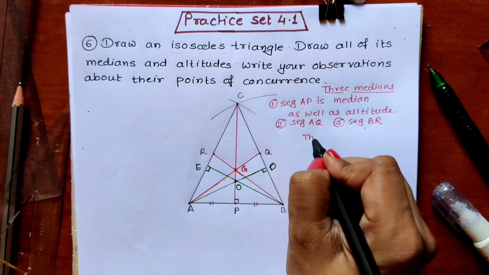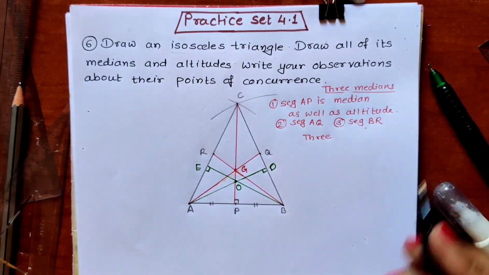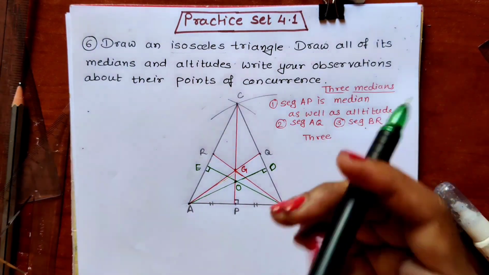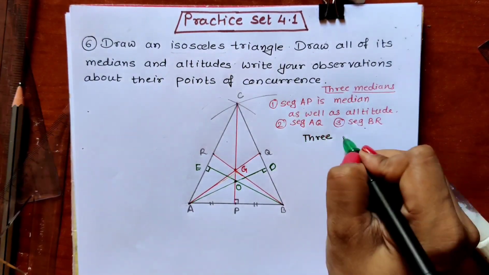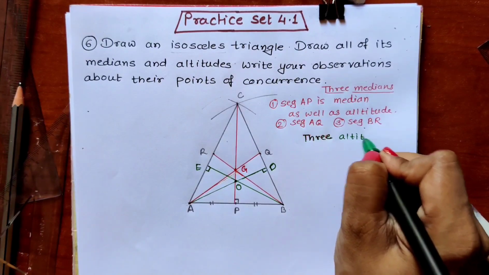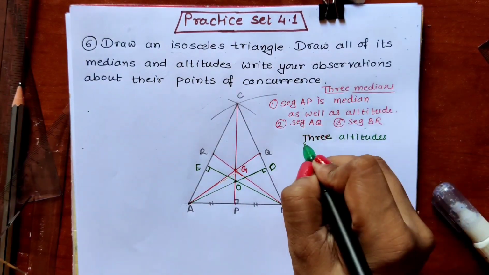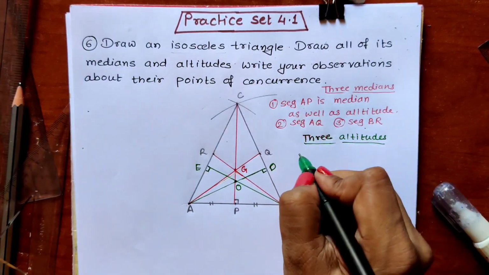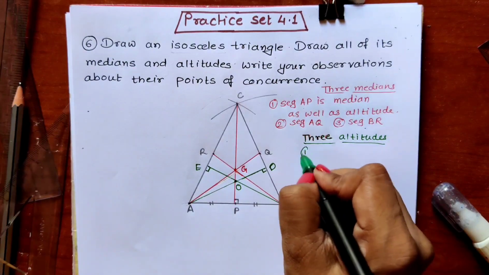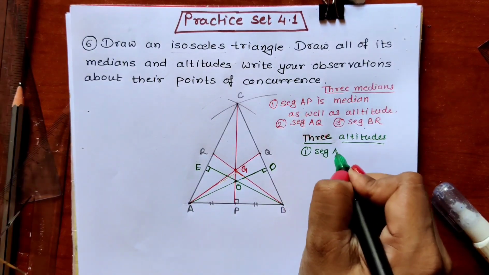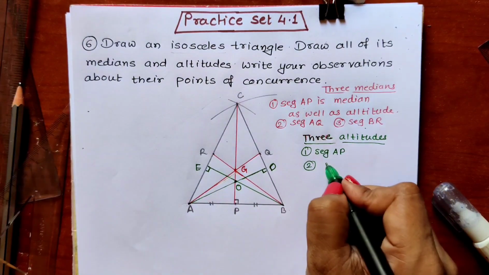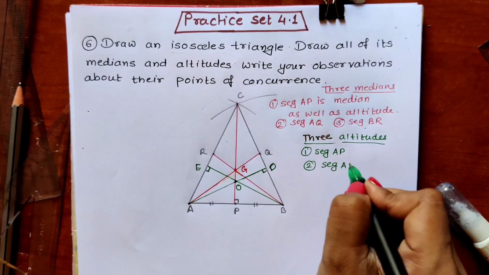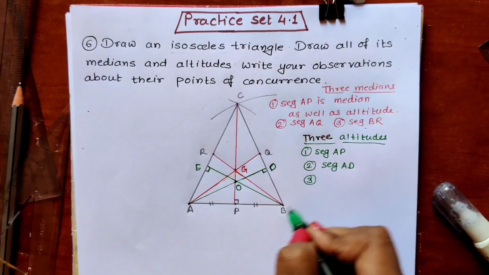Then the three altitudes are, now first AP is a median as well as an altitude, so seg AP. Then the second altitude is seg AD and the third altitude is seg BE.